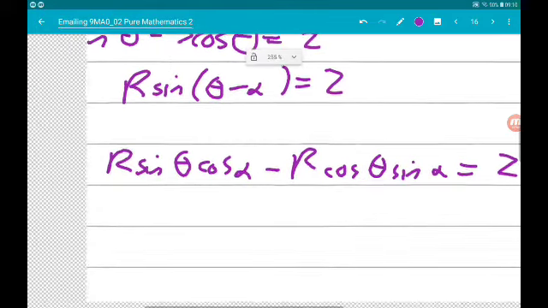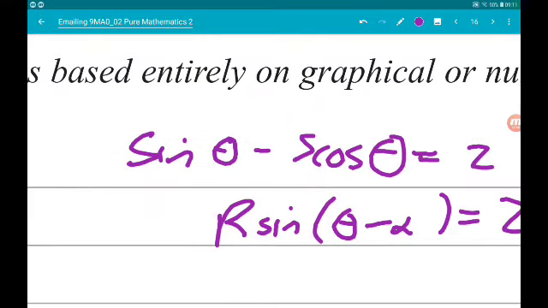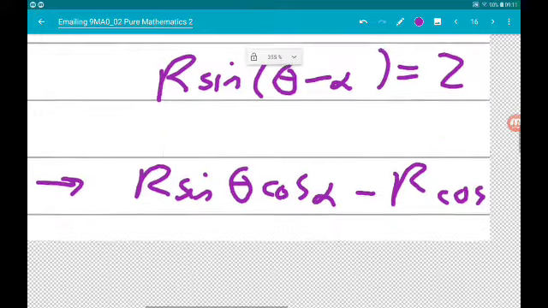So from this we can say then we know the coefficient of sine theta is 5.